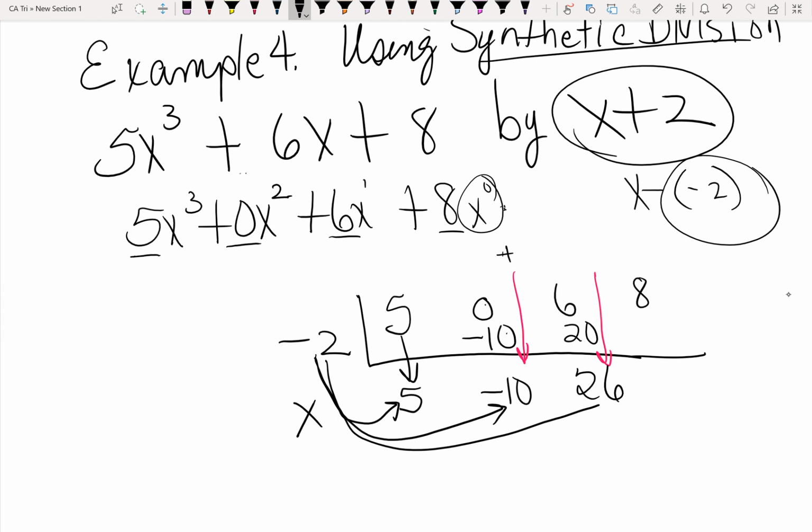If I multiply again, remember this is all multiplication at this point, this gives me negative 52. Alright, and now at this point I want you to always consider this last column the remainder column. And when we add the negative 52 and the 8, our remainder is going to be negative 44.